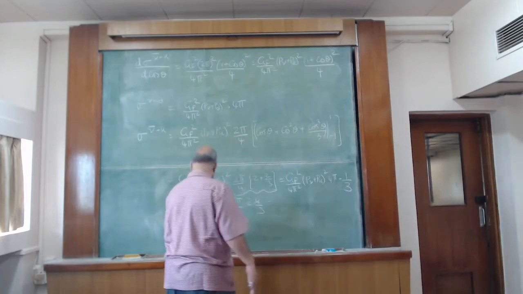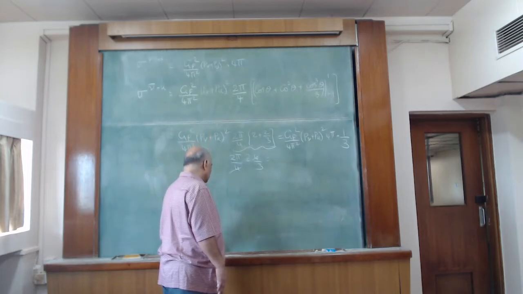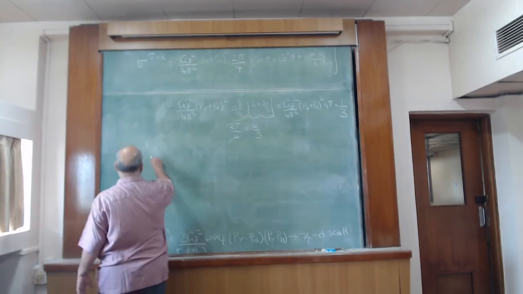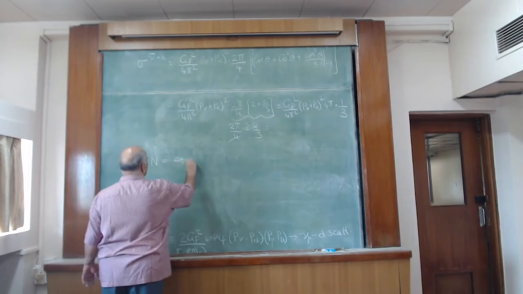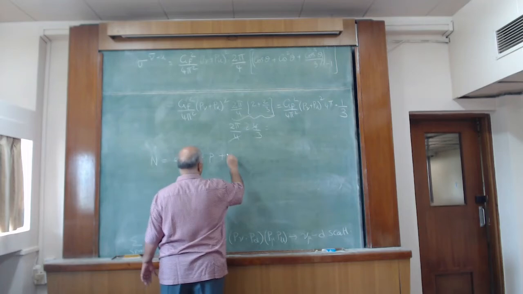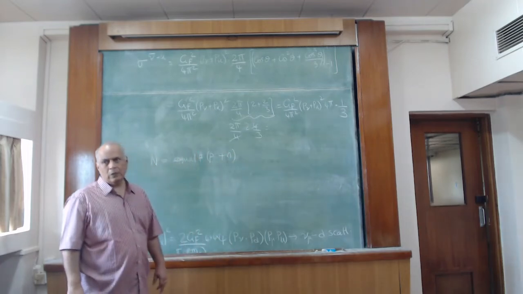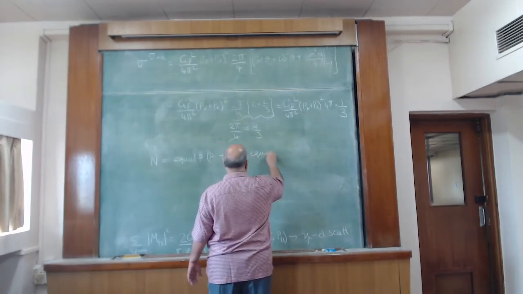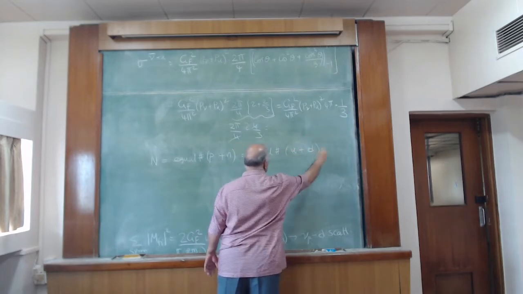Next step is translating it to the neutrino nucleus cross section, and we assume that the nucleus has equal number of protons plus neutrons, which means equal number of up quarks plus down quarks.